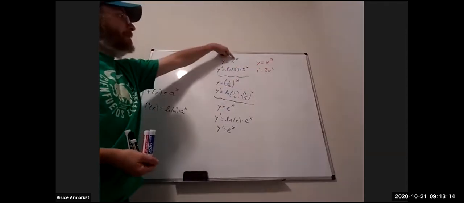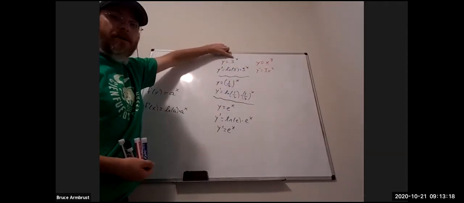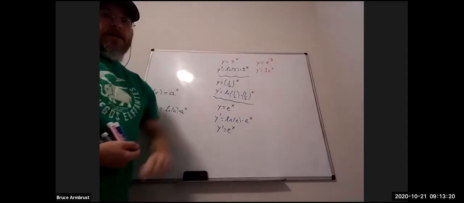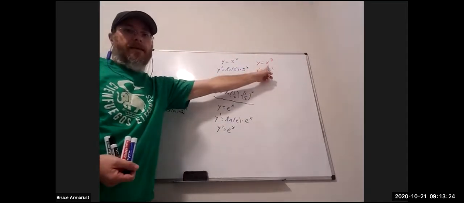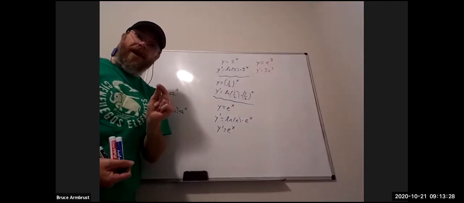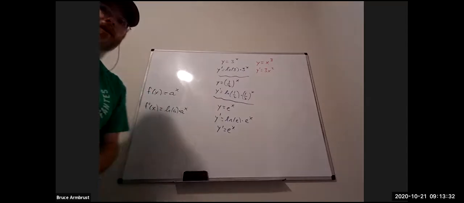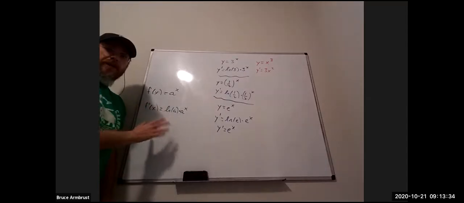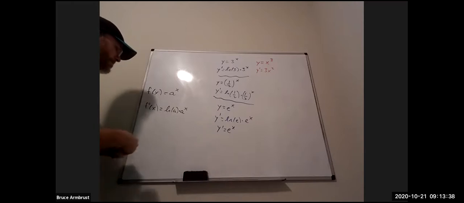If the variable is up there in the power, it's going to be an exponential function. If the variable is the base, then it's power rule. All right, so just watch out for that. That's something that students will sometimes fall into. All right, so those were our exponentials. Nice and easy.